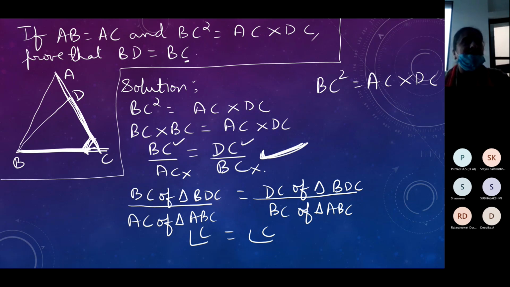We analyzed the 2 triangles in which we find these sides. That's why I wrote BDC, ABC, so that you understand where these line segments are found. While reading the line segments, we understood that C is the common angle, so angle C is equal to angle C.